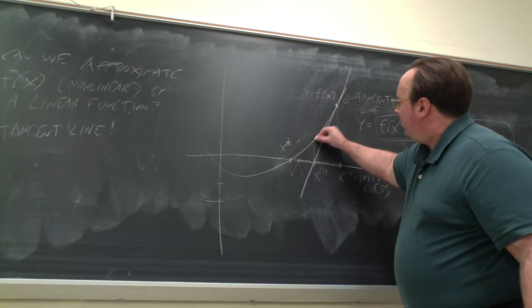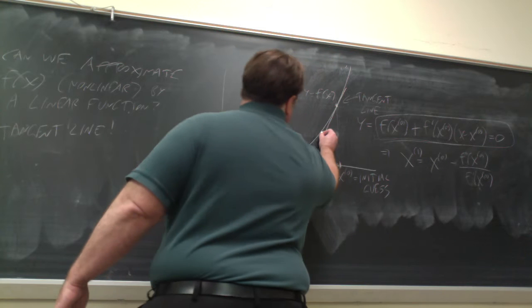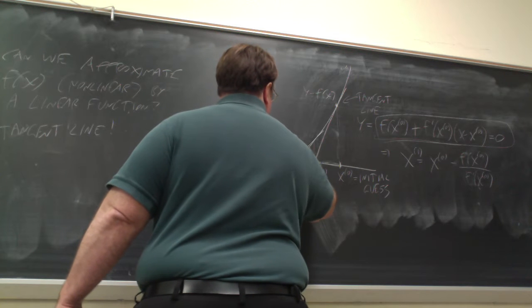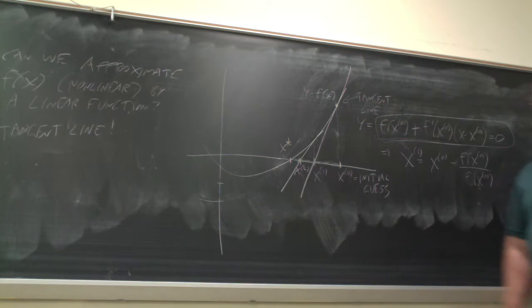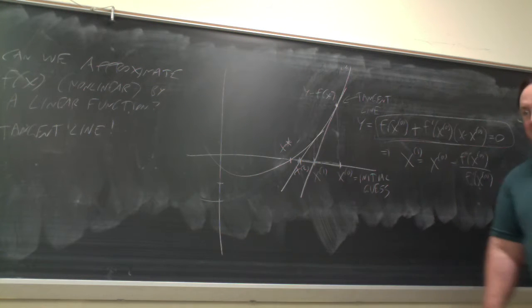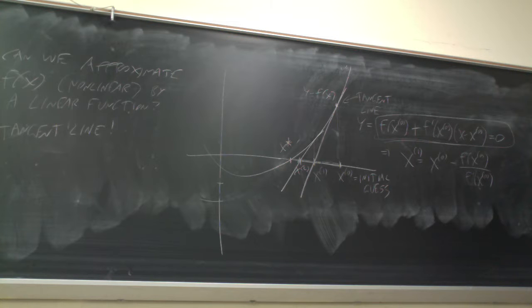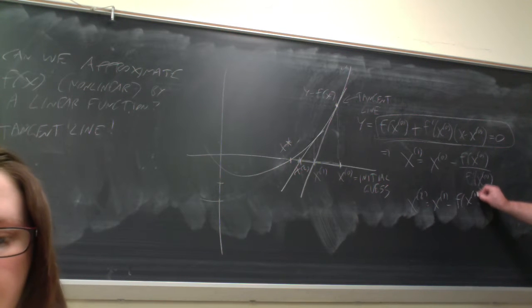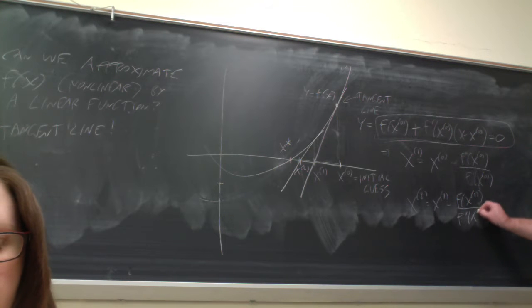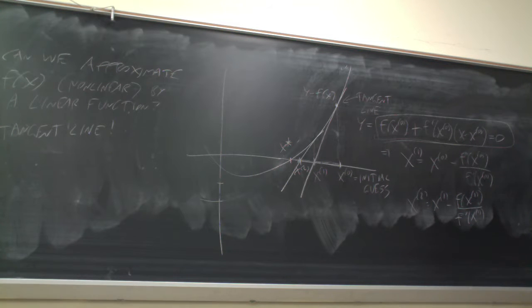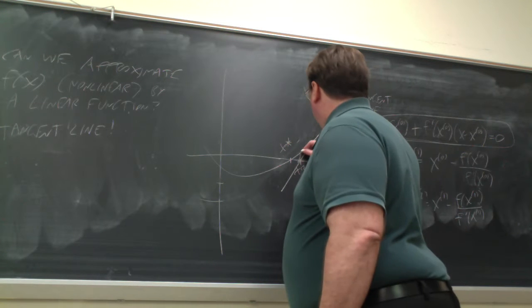So if I draw this tangent line to get a new value x2, that's undeniably getting us closer to the root, and that would work the same way. x2 is equal to x1 minus f of x1 over f prime of x1.